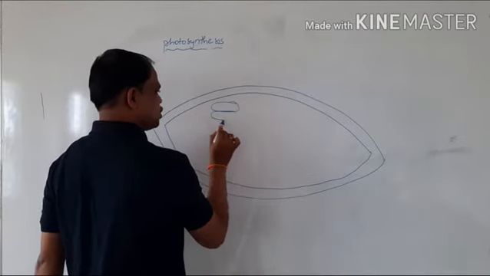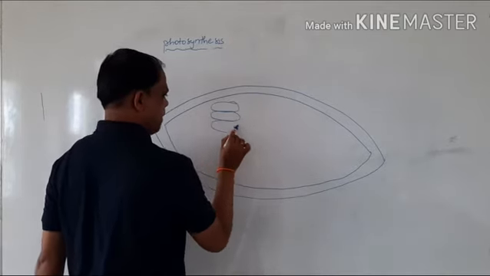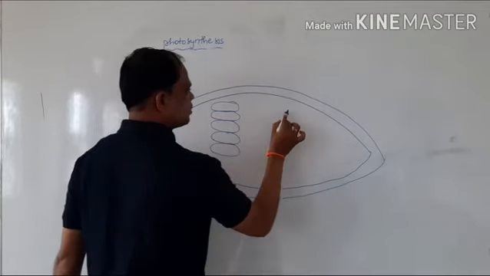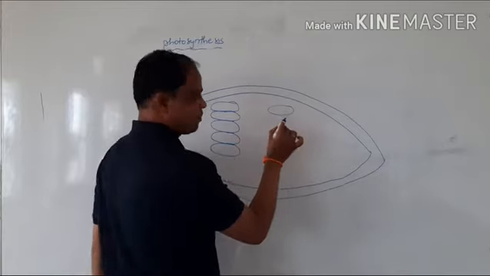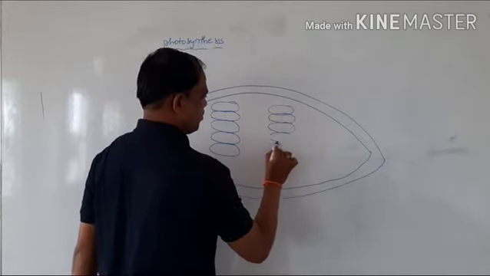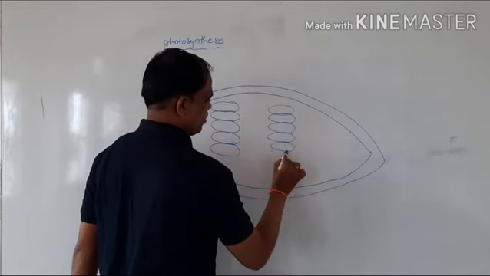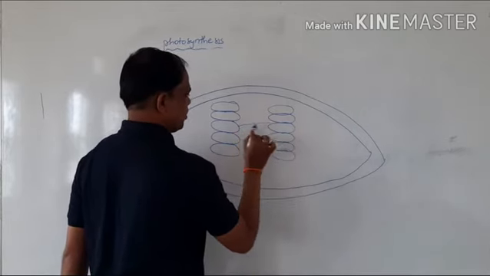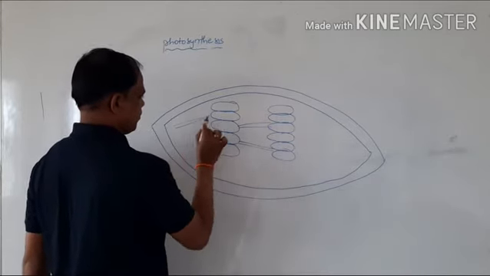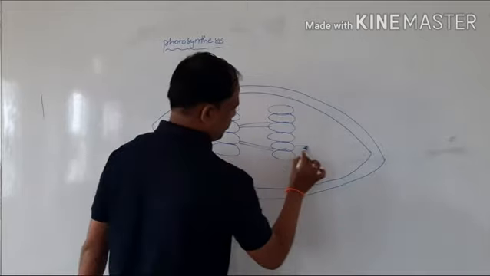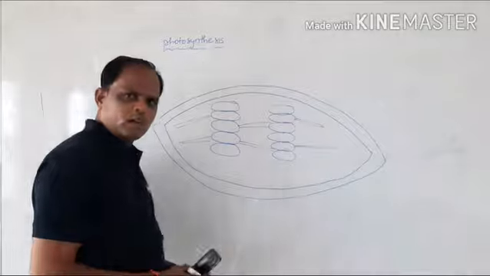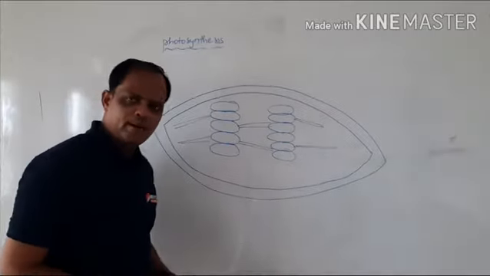This is the structure of chloroplast. Okay, this is the very important organelle in the plant system, in all the green plant system.